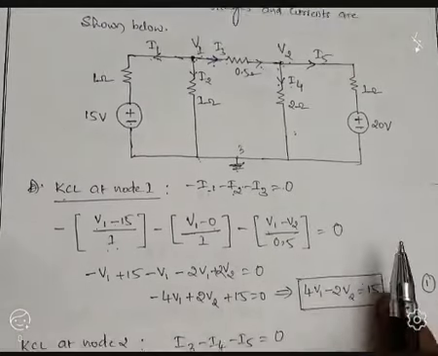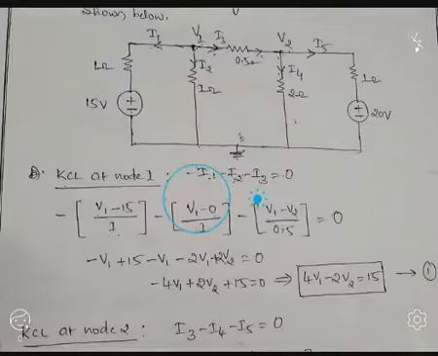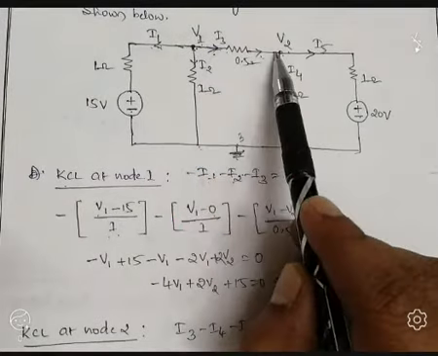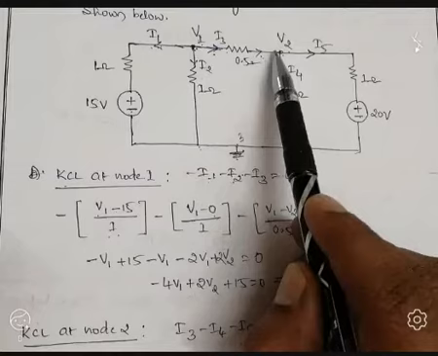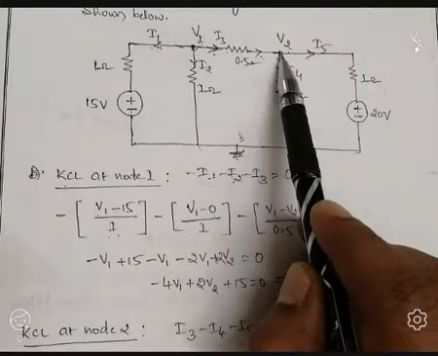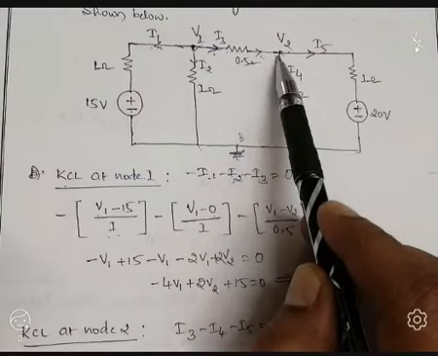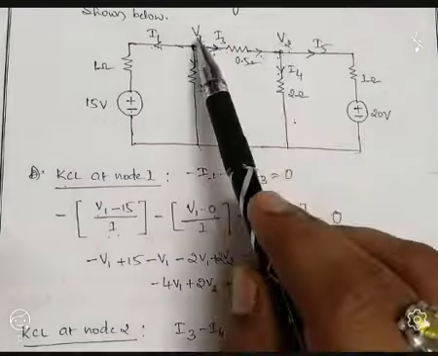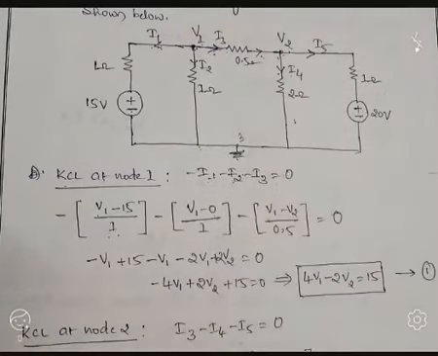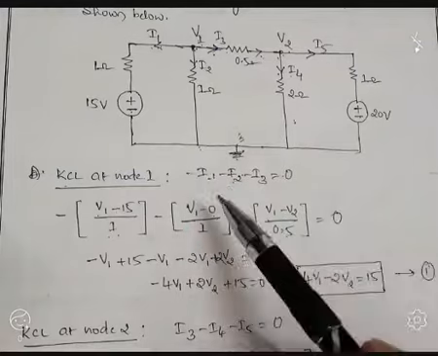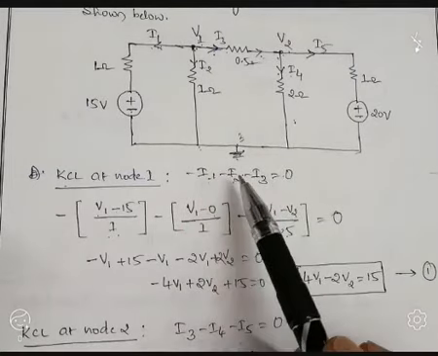Next, let us take I3. The current I3 is flowing in this branch, starting from V1 and reaching this node, which is represented by voltage V2. Hence V1 minus V2 divided by the respective resistance, that is 0.5. Hence we substituted the values of I1, I2, I3.